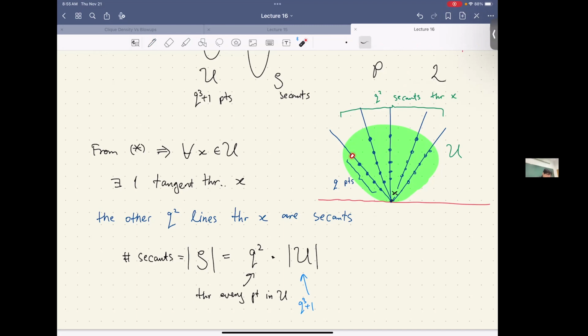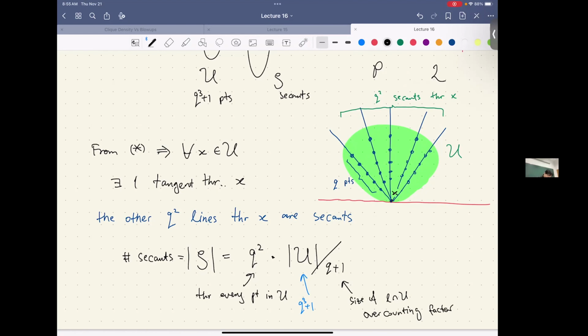Because if you look at this point, this is also a secant through this other point. So every secant is counted exactly q plus 1 times, the size of the secant's intersection with U. So we need to divide by q plus 1, the overcounting factor.